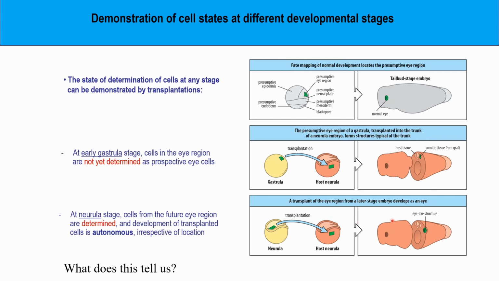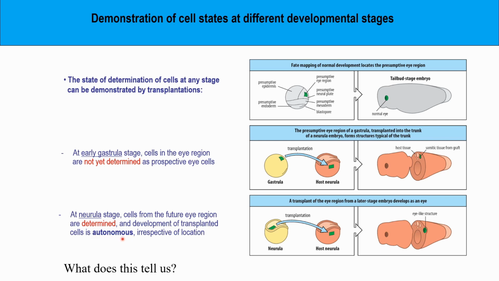Another way of thinking about this is that this patch of cells at the late stage is insensitive to signals from the surrounding host tissue now and is acting autonomously, right, on its own.